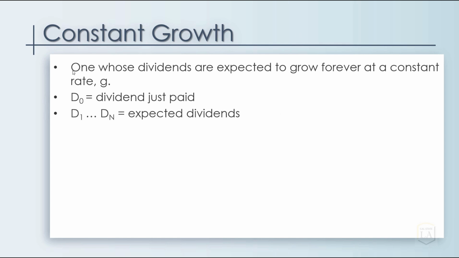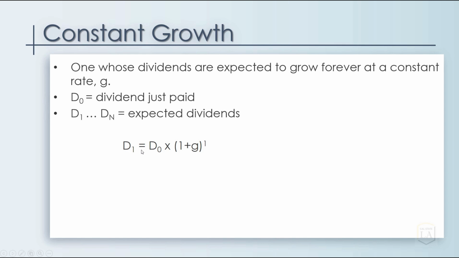So a stock whose dividends are expected to grow forever at a constant rate, let's say G. For this stock's valuation, let's suppose a dividend that has just been paid, right now in year 0. Let's call it D sub 0. And then from D sub 1 through D sub n, let's suppose these are the future expected dividends. With this information, if you wanted to figure out the dividend in year 1, that would be D sub 0, which has grown at the growth rate of G. So 1 plus G to the power of 1, or you can just omit the exponent, right?